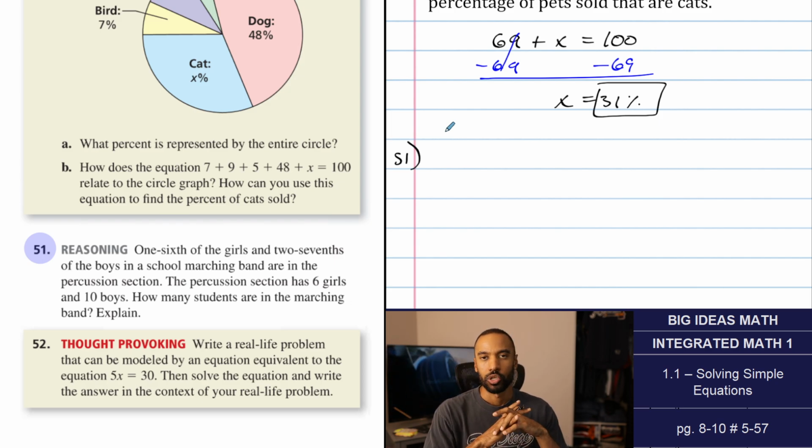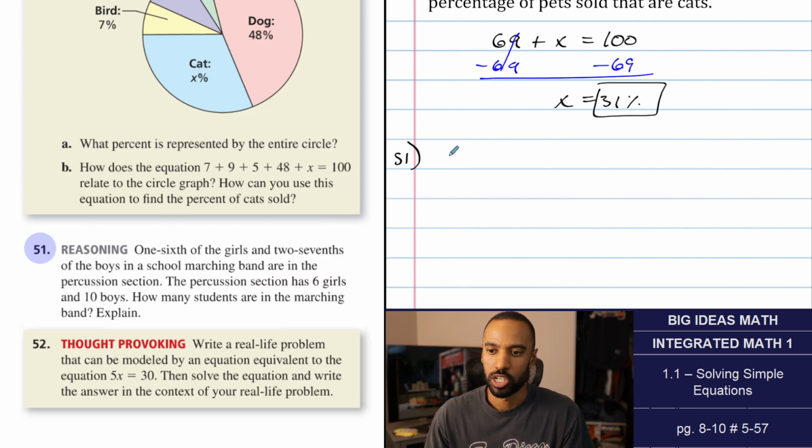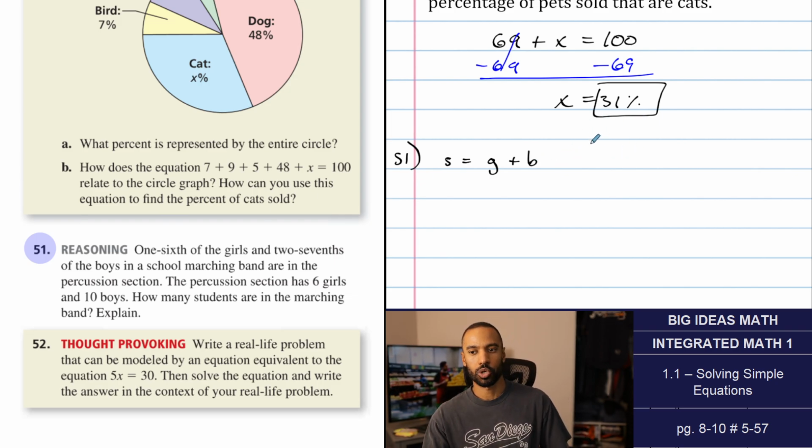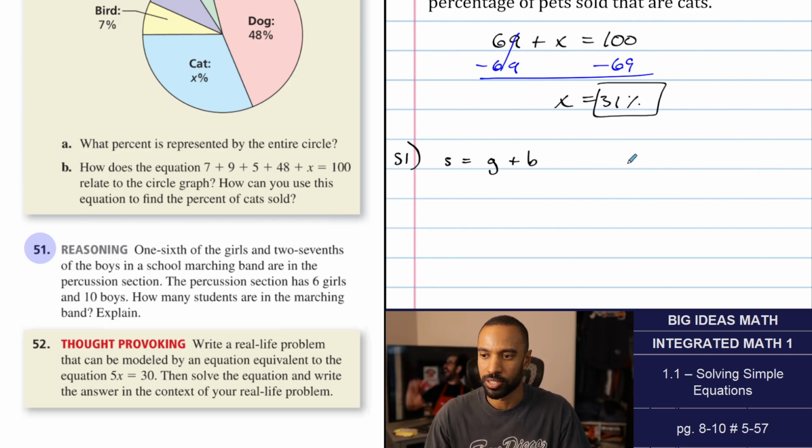Okay, what I want to do is make different equations, and ultimately they'll kind of all become one. So how many students are in the marching band? The number of students in the band, S, equals number of girls plus number of boys. What I'm currently going to do is create different equations for girls and boys and then substitute them in. 1/6 of all the girls are in percussion, and there are 6 girls in percussion. 1/6 times G equals 6.